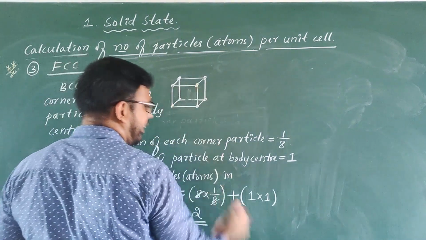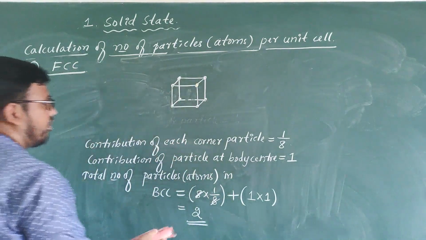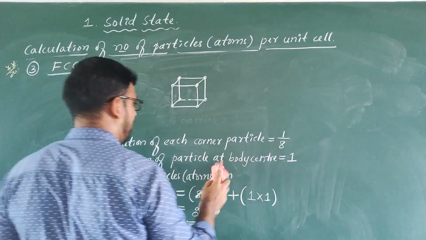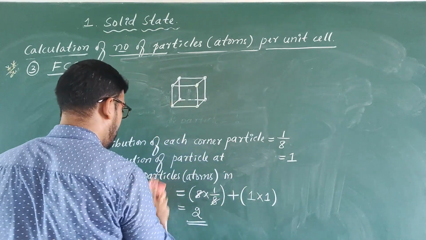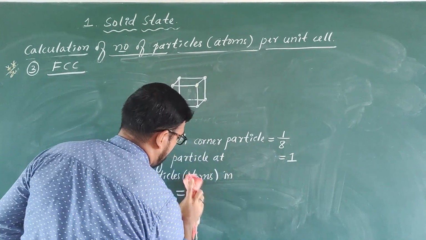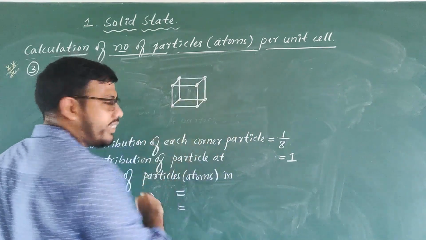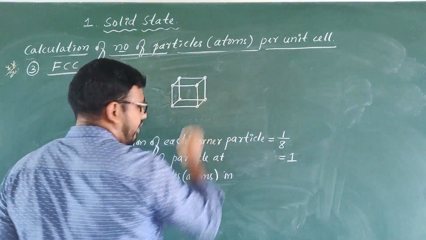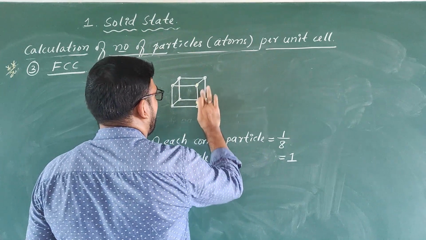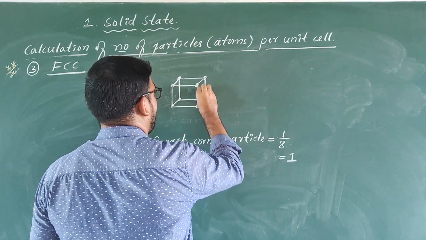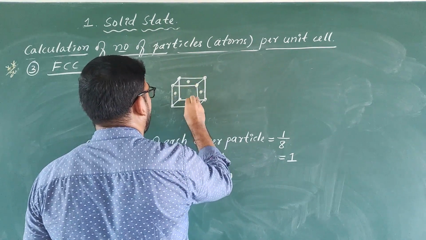So first let me draw the diagram. Okay. So now, this is the simple cube or primitive unit cell. So let us make it FCC, meaning face centers. There are 6 faces. At each face center there is a particle like this. So totally how many faces are there?